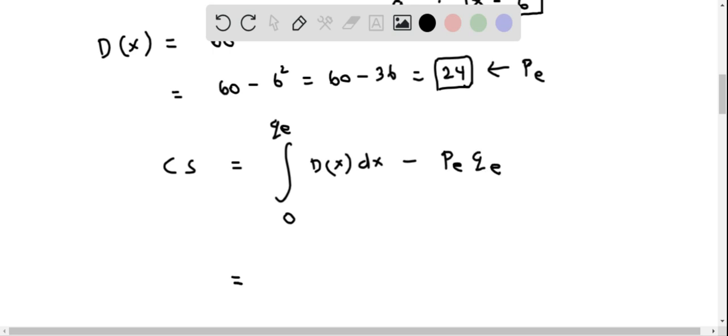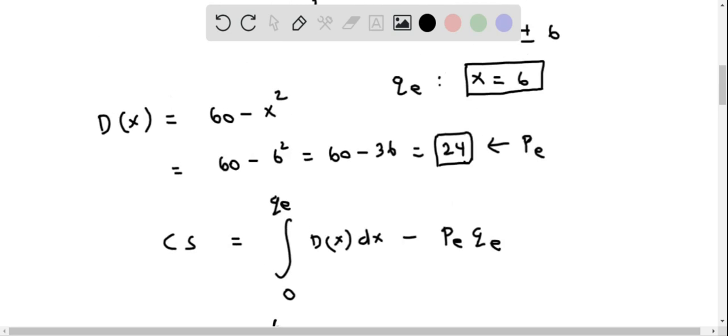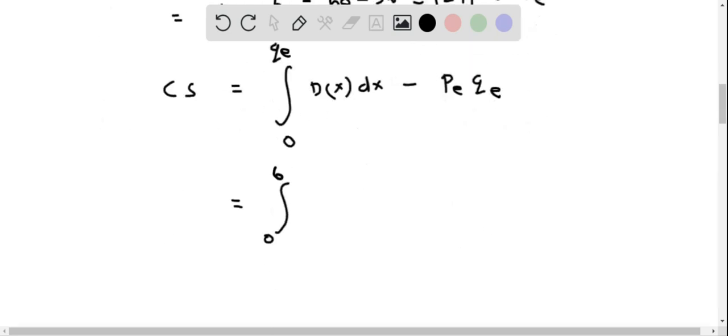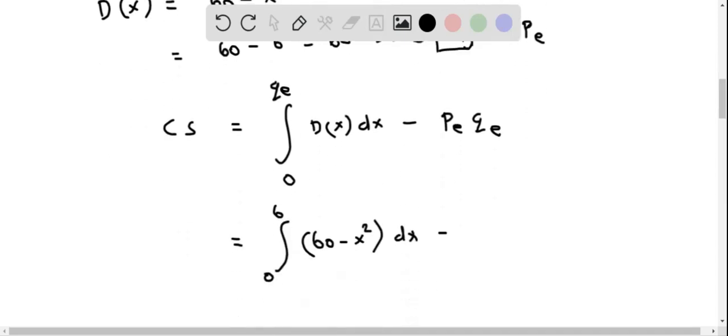So let's replace the values which we have determined. This will be the definite integral from 0 to 6, QE being the equilibrium quantity, of d of x, which equals 60 minus x squared, dx, minus PE, which represents the equilibrium price, which is 24, times the equilibrium quantity, 6.